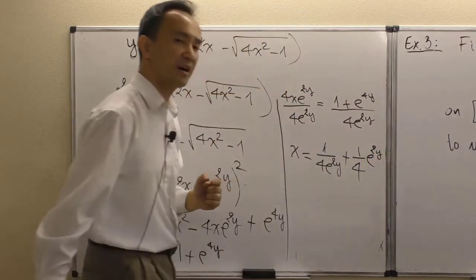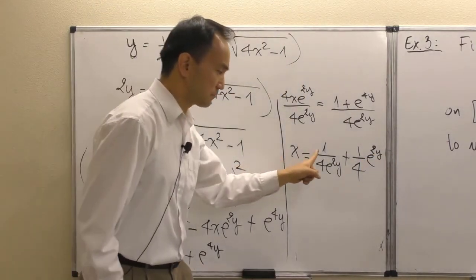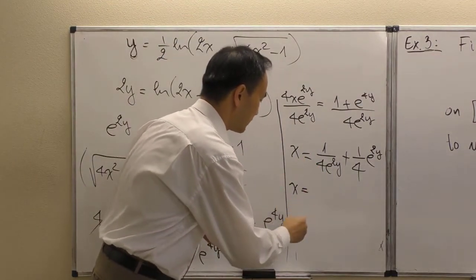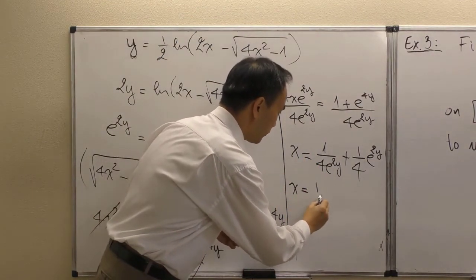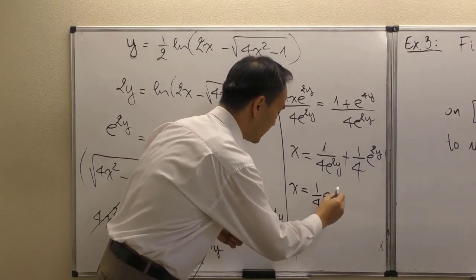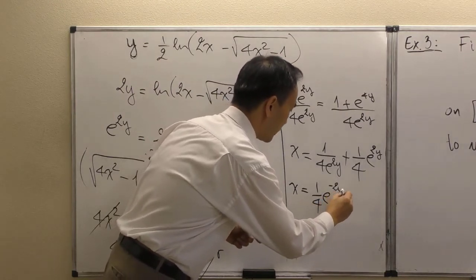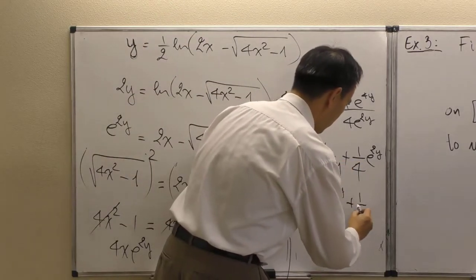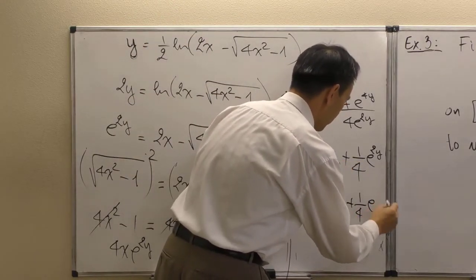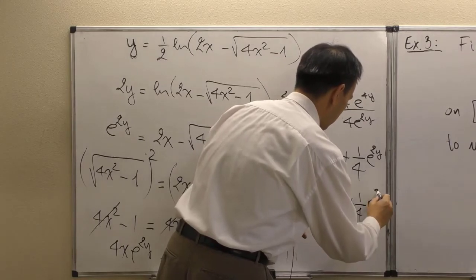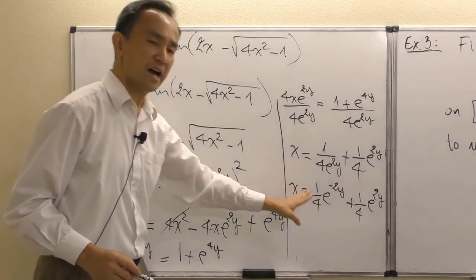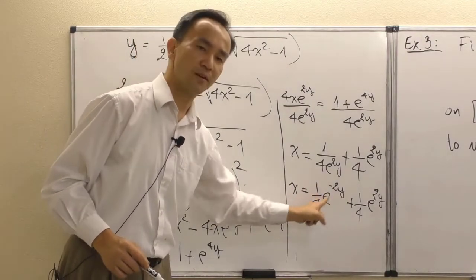That's left behind like that. And then the 1 over 4 e to the 2y is the same as 1/4 times e to the minus 2y. And then the next term here is 1/4 times e to the 2y. All right, so this is our function x in terms of y.